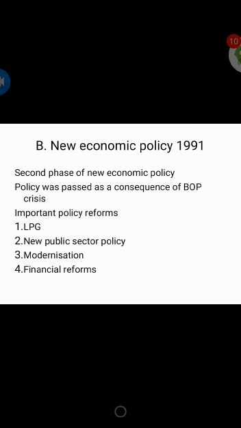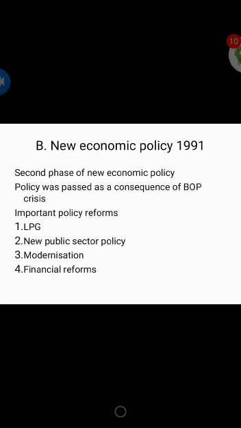As the name itself indicates, more encouragement was given to the industries in the private sector. The next is globalization. Globalization is nothing but the Indian economy was made to interact more freely and openly with the global economy. Foreign direct investment was allowed. So all this liberalization, privatization and globalization is one of the reforms under this policy.